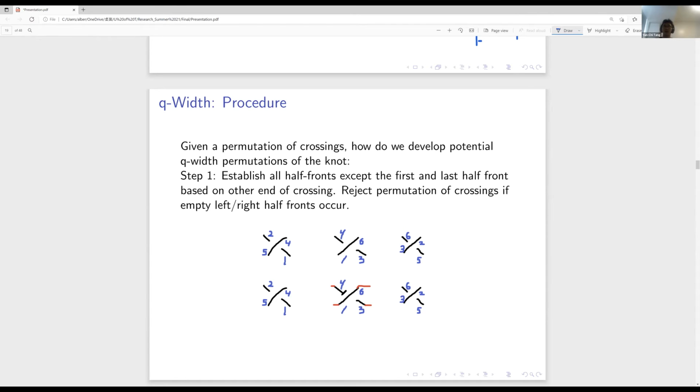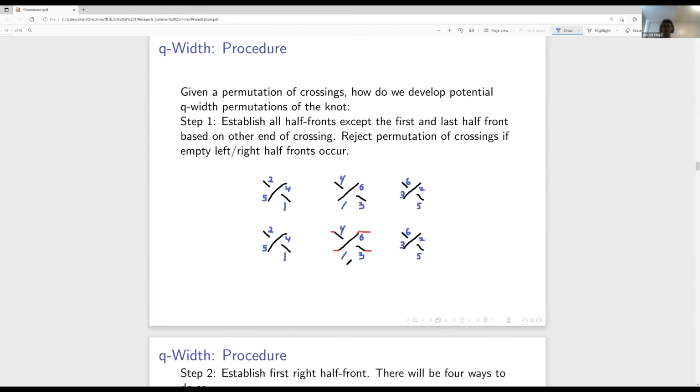This is kind of a bad example, because the line segments are already in that position, but theoretically we can also have those three going to the left and this going to the right half front instead. Then the left and right half front would look something like this. The left half front has 3 intersection points on it, and the right half front has 1.